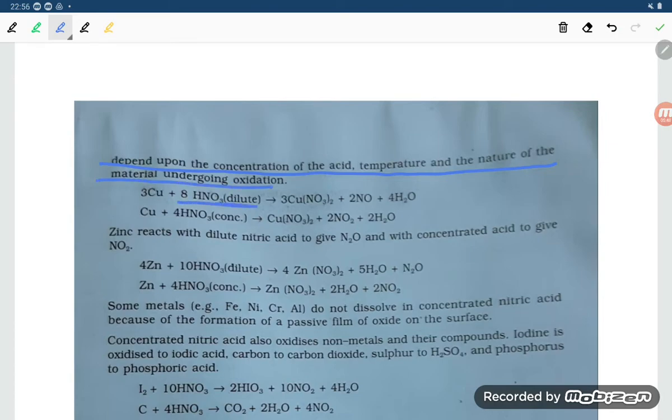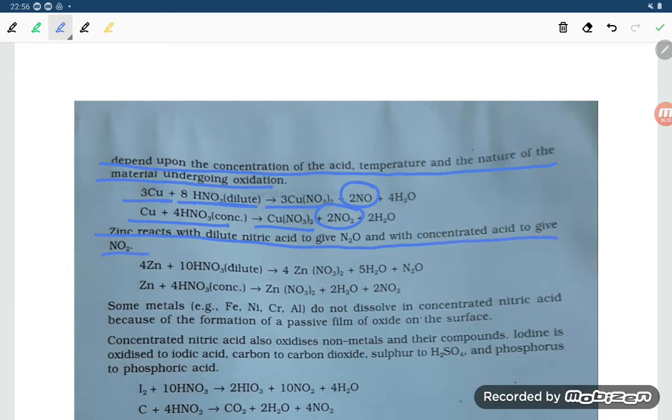Copper with dilute nitric acid gives copper nitrate plus nitric oxide. With concentrated nitric acid, it gives copper nitrate plus nitrogen dioxide. Zinc reacts with dilute nitric acid to give N2O and with concentrated acid to give NO2.